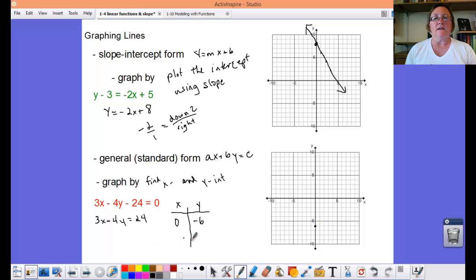The x-intercept, you do the opposite thing. Set y equal to 0 and figure out the x that you would get. So if this part is 0 now, then x must be 8. That x-intercept is out here at 8. 2 points are what is needed to create a line. So there's our line, graphed by intercept.